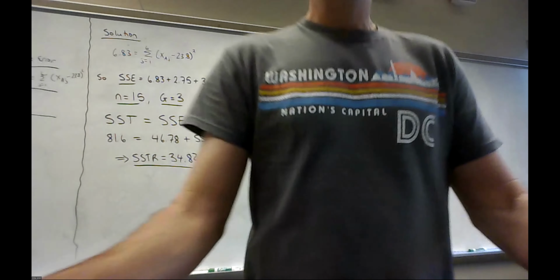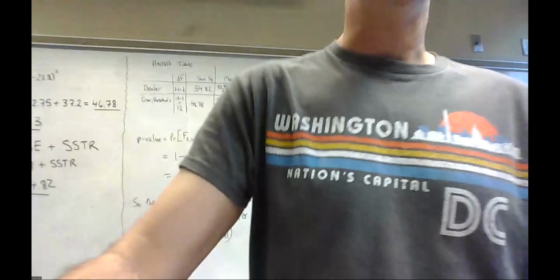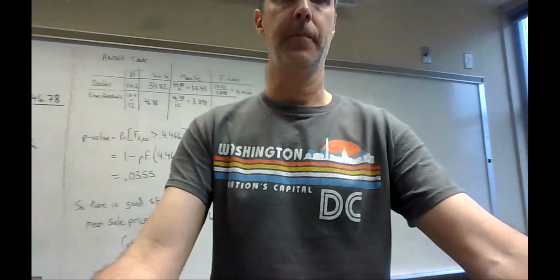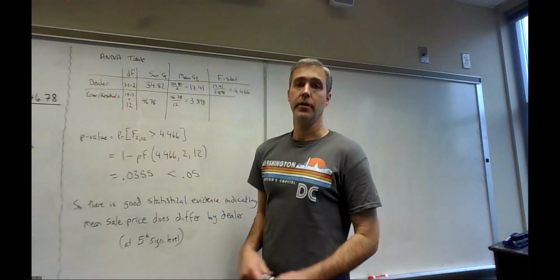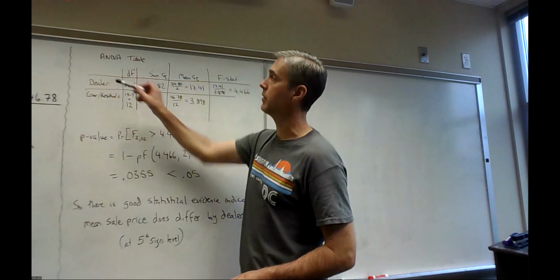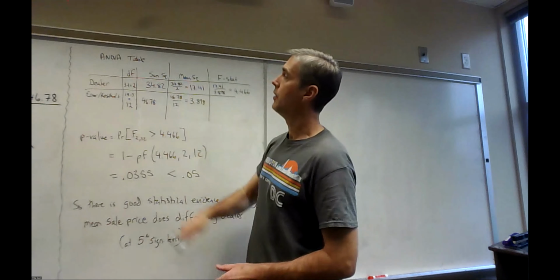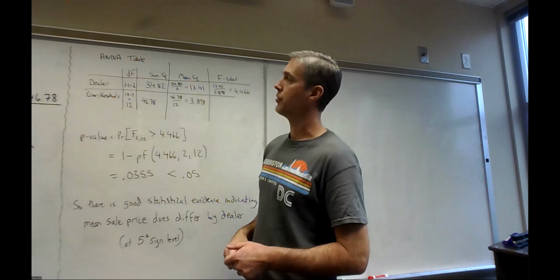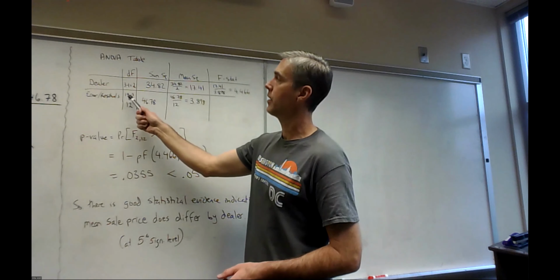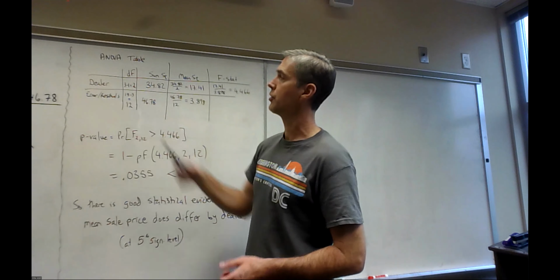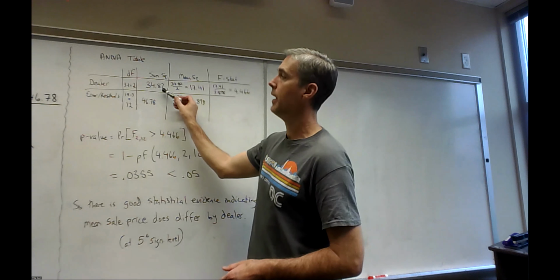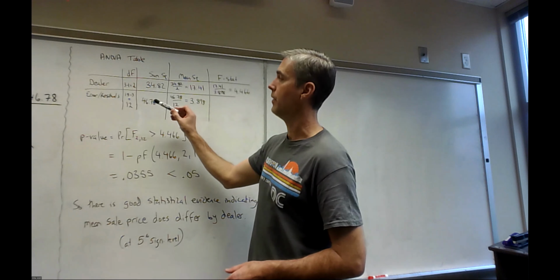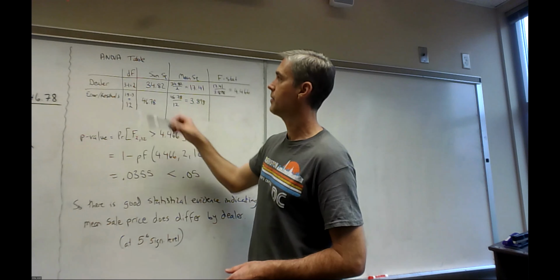With that, I think I've got all the ingredients we need to get our F ratio, our test statistic. So I can make an ANOVA table. I've got dealer, I've got residuals, degrees of freedom: 3 minus 1, or 2, for the dealer, and 15 cars minus 3 group dealers, 12, for the residuals. There's the sum of squares, the treatment sum of squares and the error sum of squares.